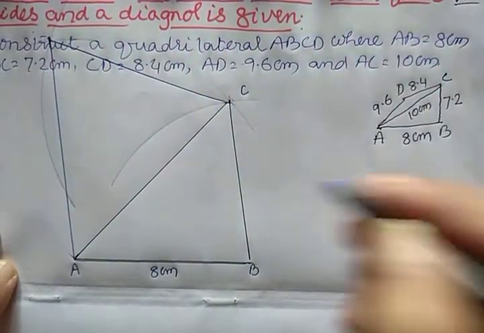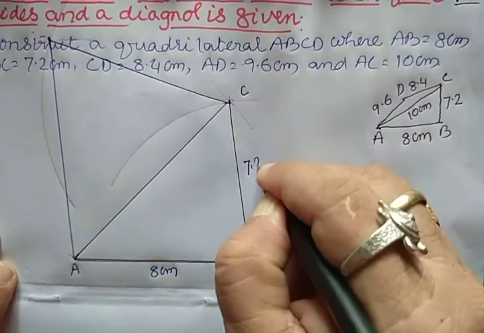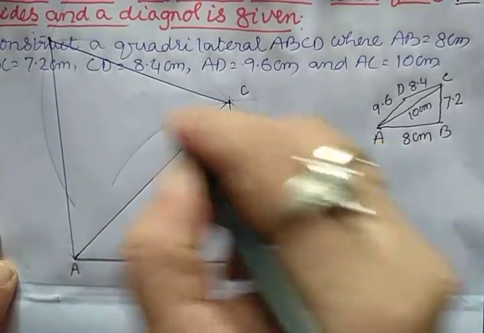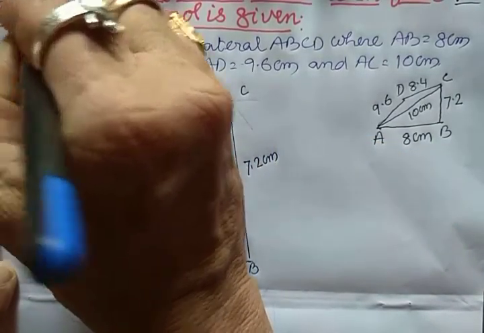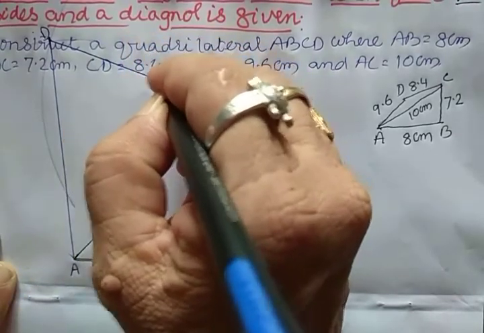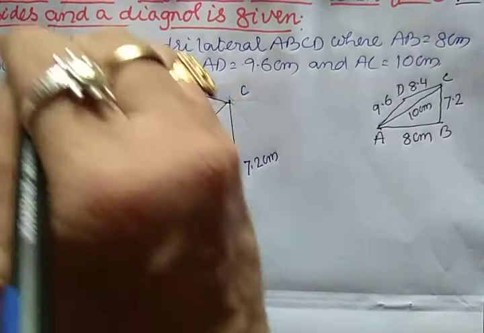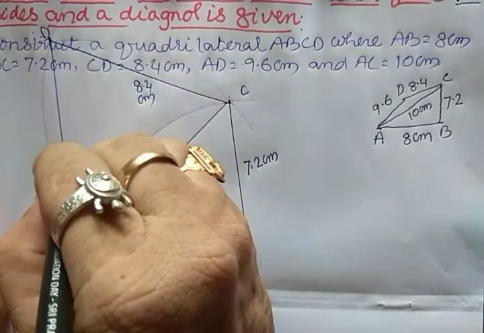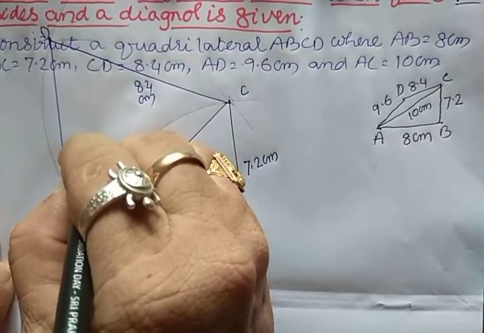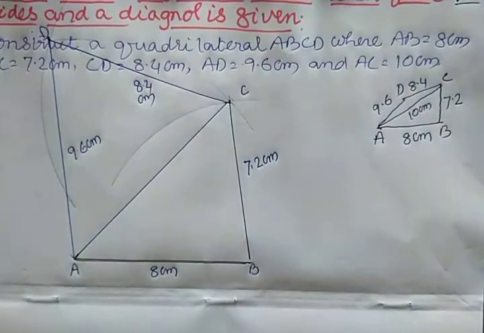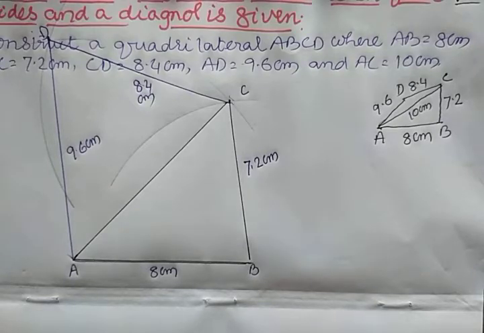So what is BC? 7.2 centimeters. What is CD? 8.4 centimeters. What is AD? 9.6 centimeters. So this ABCD quadrilateral is your required quadrilateral.